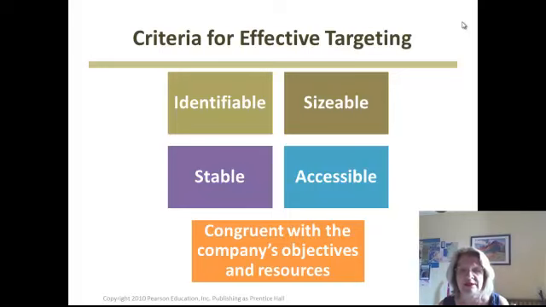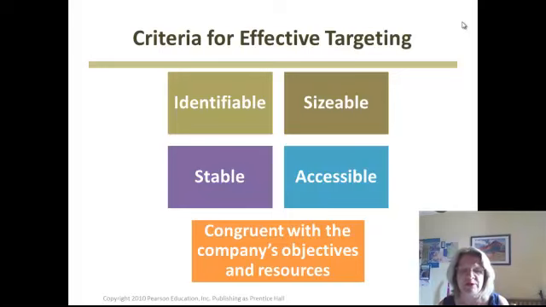The segment must also be sizable. It must be large enough to be profitable to the marketer, to the company. A stable segment means that the consumers are not fickle and likely to change very quickly.